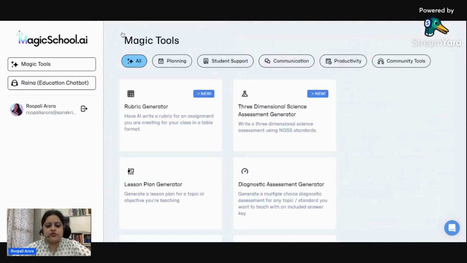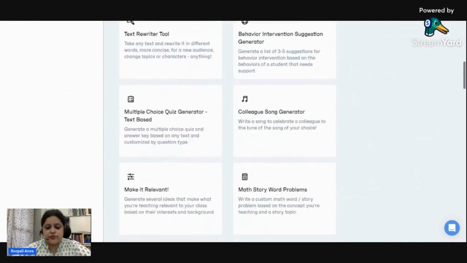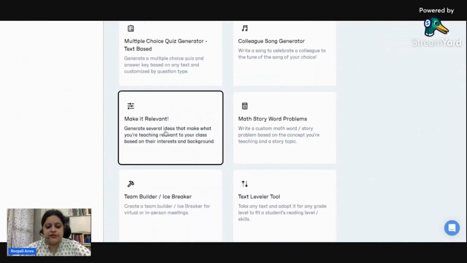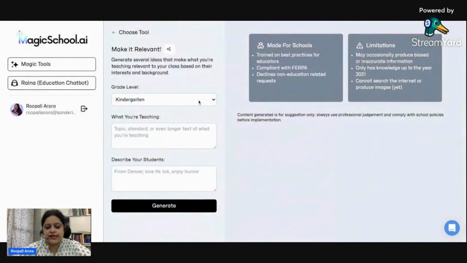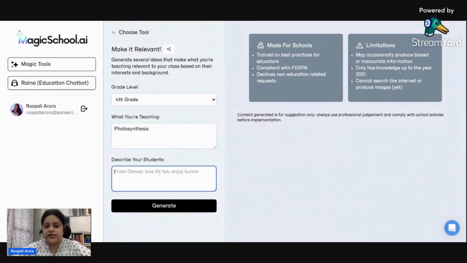Now when I click on choose tool, I go back to the main page and explore the second magic tool, which is, say, make it relevant. When I click on make it relevant and select the grade level, suppose I select grade 4, I need to write what I'm teaching. Suppose my topic in my classroom is photosynthesis. Then I need to describe my students.